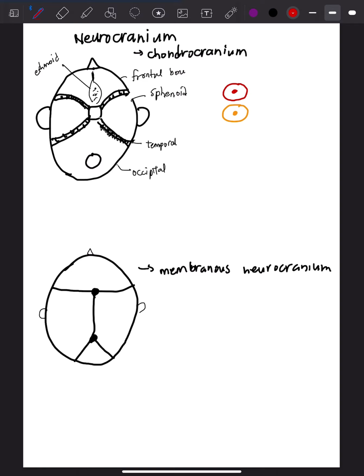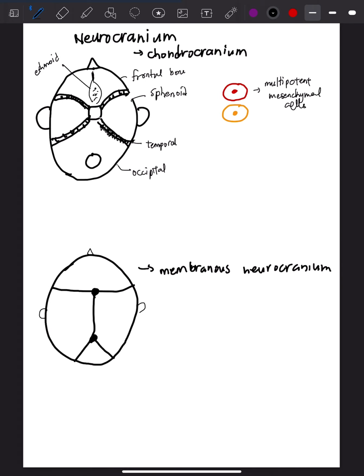These are basically known as your multipotent mesenchymal cells. The neural crest cell, not so much, more so for this one. These can differentiate into multiple things.